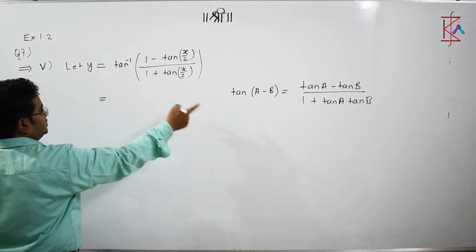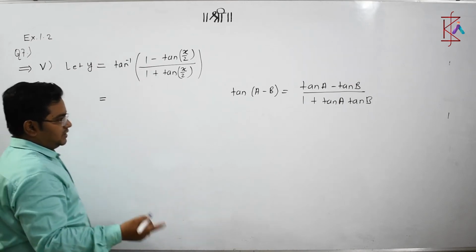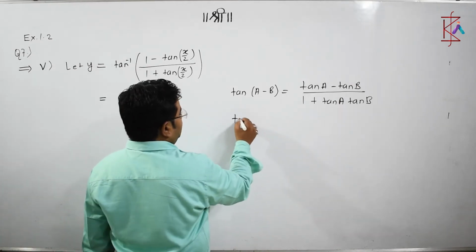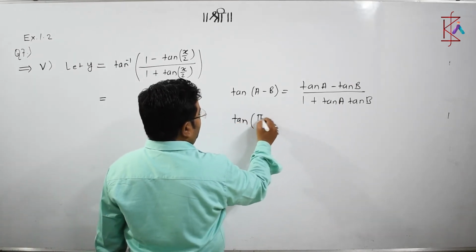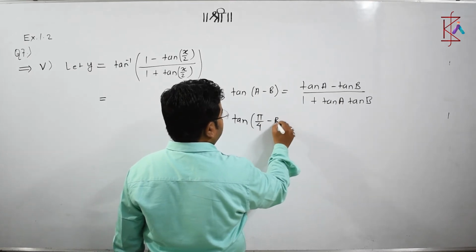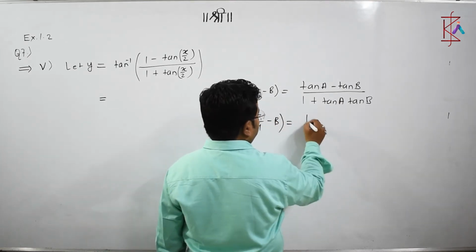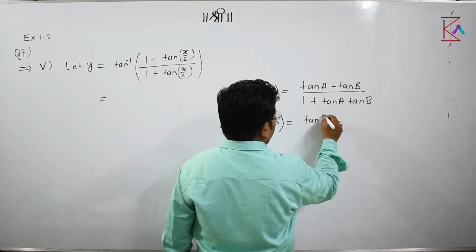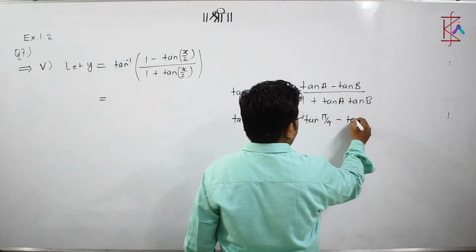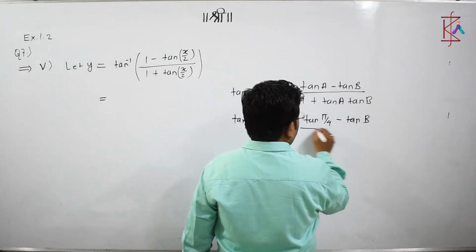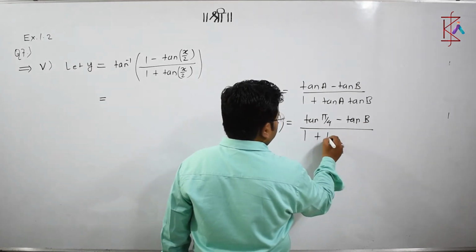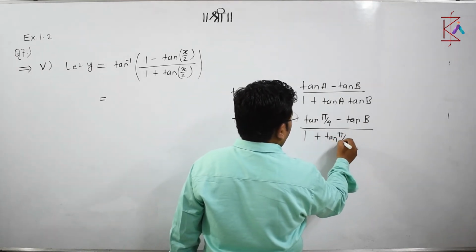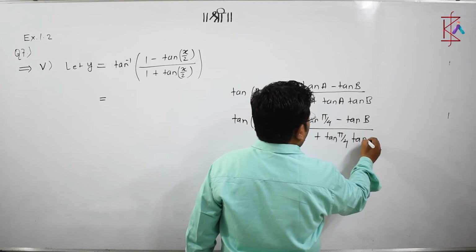Using this identity, another formula begins: tan of (pi by 4 minus b) is equal to (tan pi by 4 minus tan b) divided by (1 plus tan pi by 4 tan b).